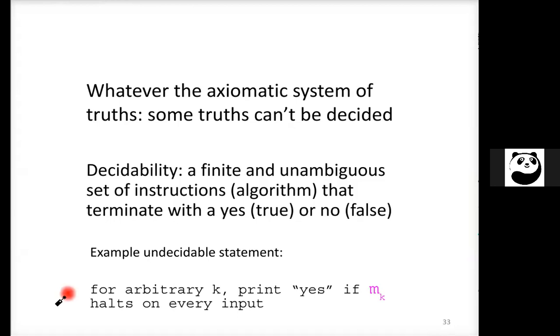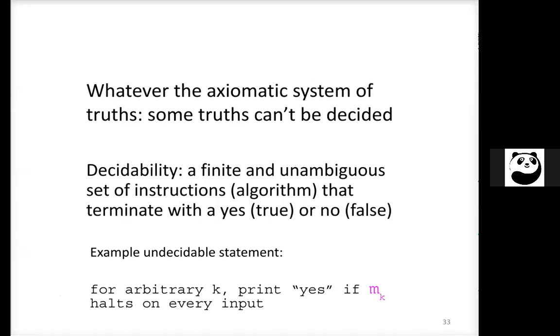One you probably heard of is the halting problem, which says: for arbitrary k, print yes if the machine k halts on every input. That's another example of something undecidable. And there are other so-called natural problems or practically useful languages that can never be decided.